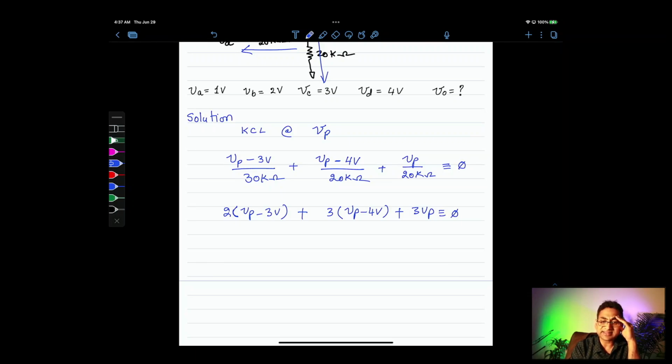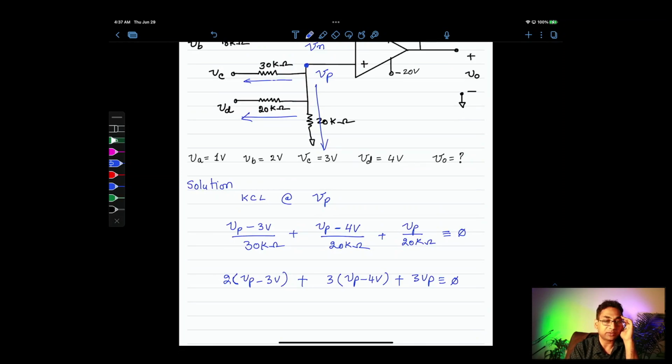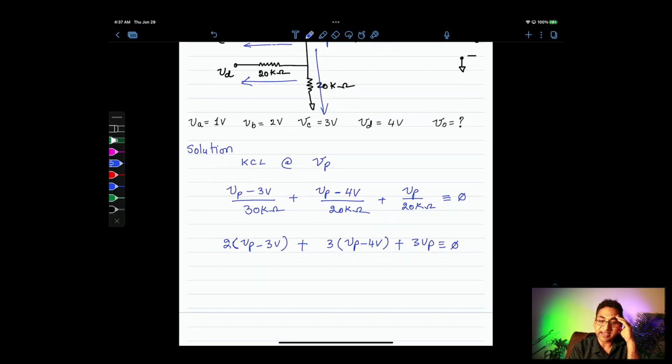Now separating out, we get 2Vp plus 3Vp plus 3Vp, minus 6 minus 12.